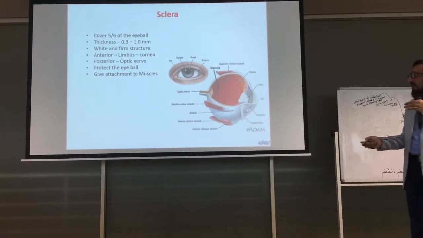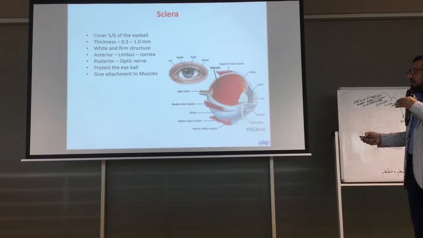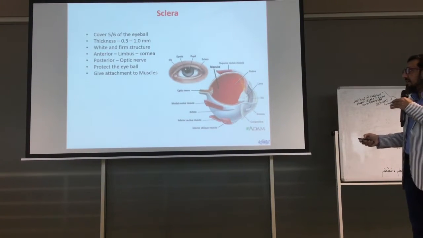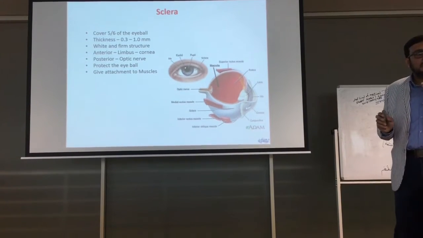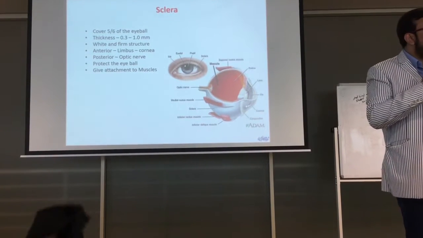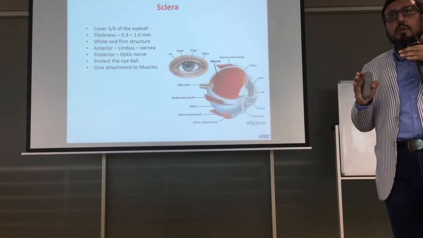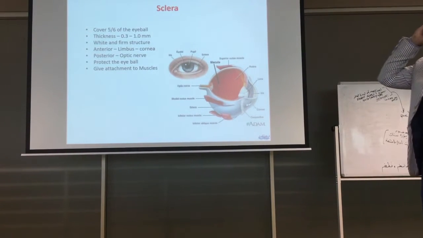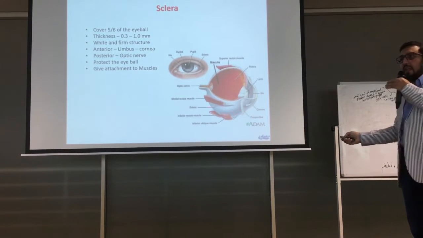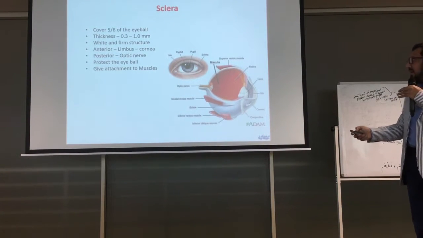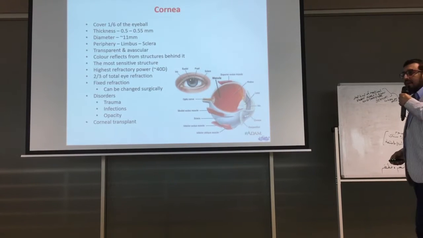That's what we discussed. The two major functions: it protects the eyeball and it gives attachment to the muscles. So all the muscles, rectus muscles and the oblique muscles, which Dr. Amna talked about yesterday, are attached to the bone and then inserted over the sclera. Right? Let's go ahead to the cornea.